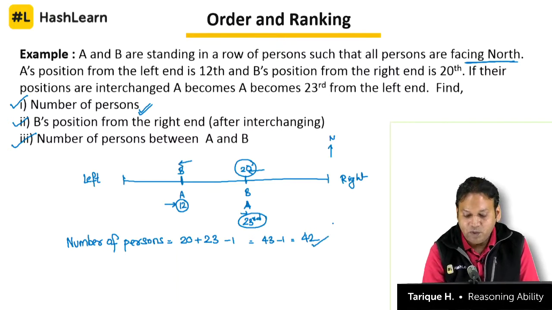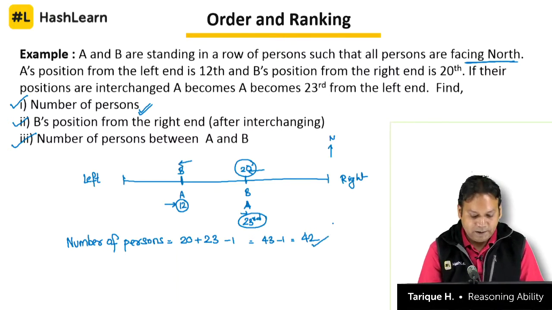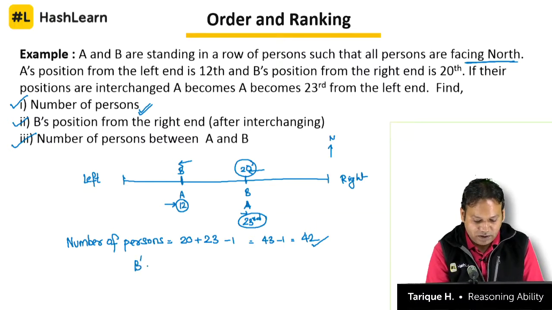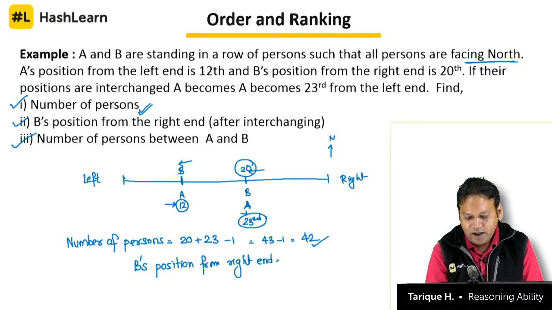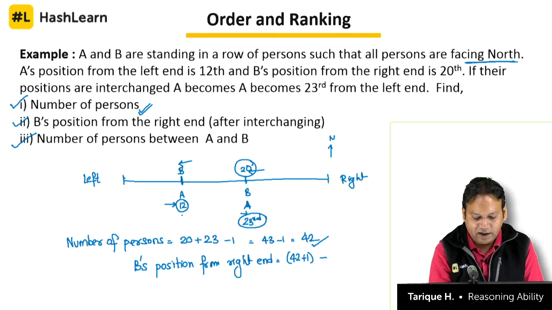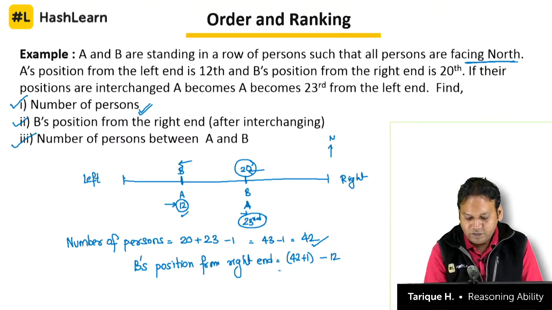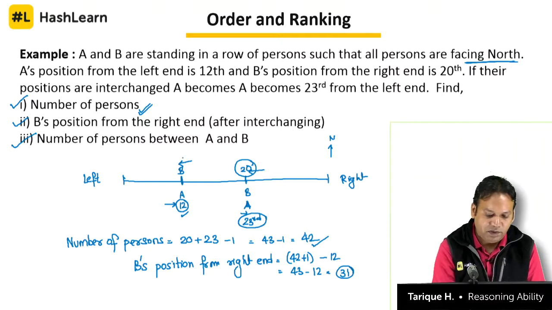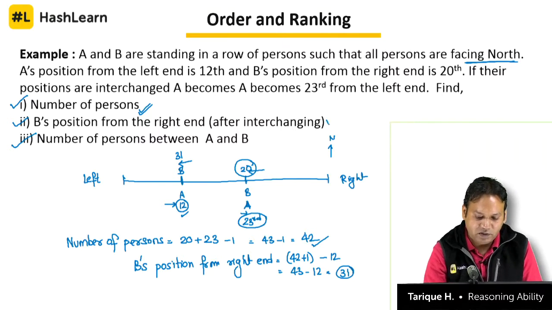Now that we know the total number of persons, B's position from the right end after interchanging is equal to n plus 1, always we add 1 and then subtract the rank here, 12. So, 43 minus 12, that is equal to 31. So, what is the answer? 31. B's position from the right end is 31.